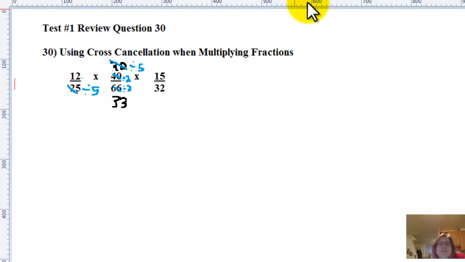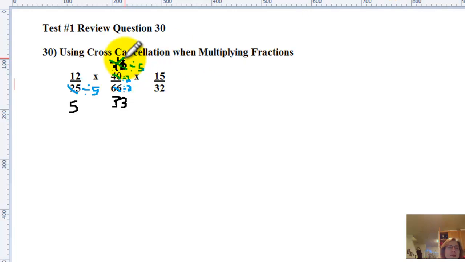Now you have some new numbers. You have 5 on this denominator, and you went from 40 to 20, and now you're going to have the number 4. Now, we can still reduce. We've got a 4 here and a 32 there, so we know that 4 goes into 32 8 times, so I can reduce again. 4 divided by 4 is 1.